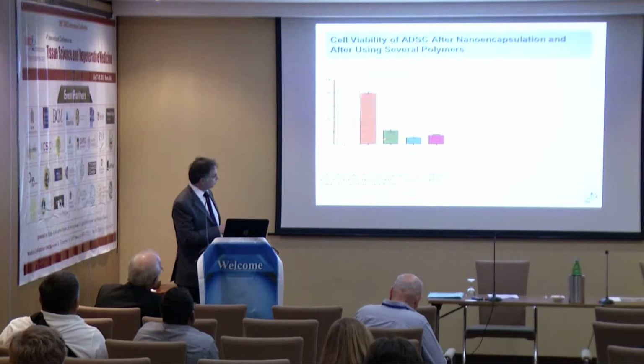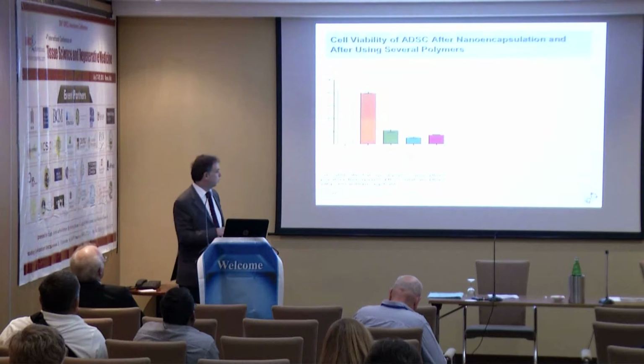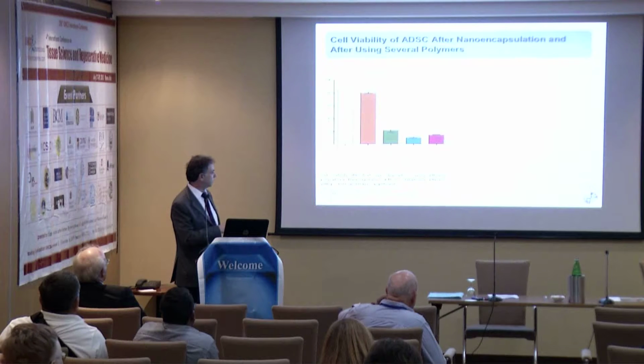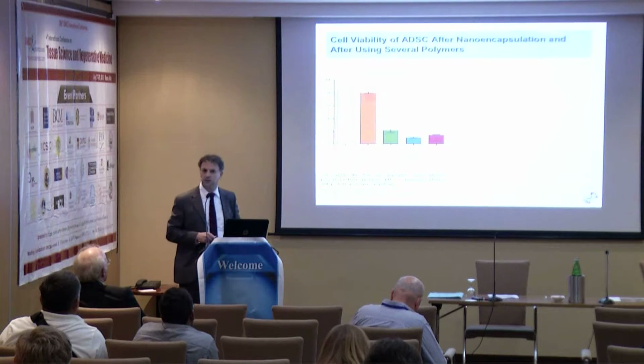We tried, as I said, four polycations, and the only polymer that was useful for nanoencapsulation of our cells in this case was chitosan. The others, PAH, PDA-DMAC and PLL, polylysine, are not so effective because they dramatically reduce the survival of cells after the process.